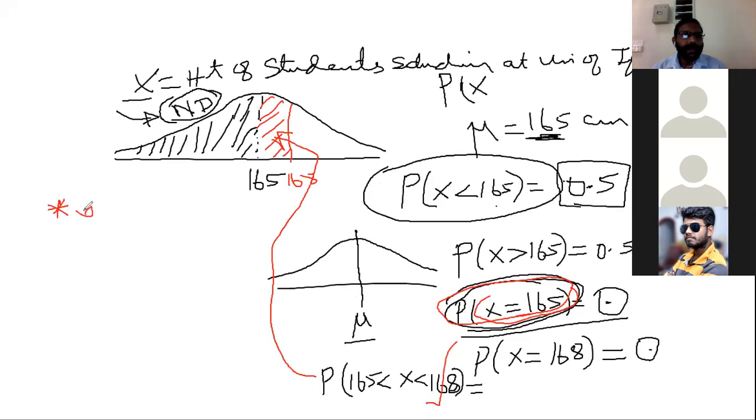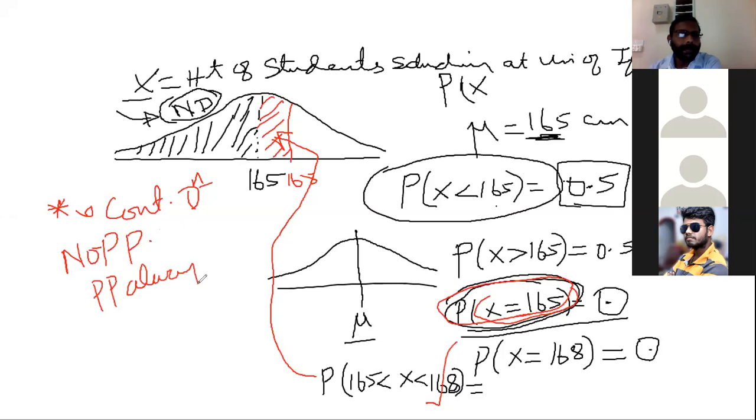In a continuous distribution, there's no point probability. Or in other terms, point probability is always 0.